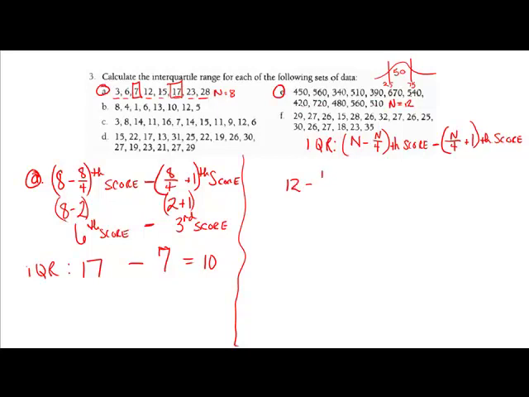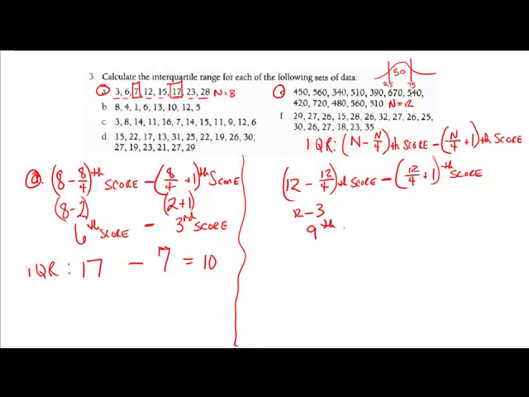12 minus 12 divided by 4, minus 12 divided by 4 plus 1 score. 12 divided by 4 is 3. 12 minus 3 is 9.